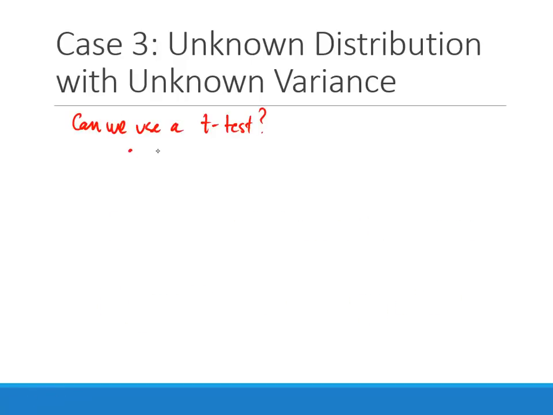I need to make sure that I have a random sample. That's always there. And is my sample large enough? Okay, so do I have a random sample here? Everybody said yes. It is stated in the problem.